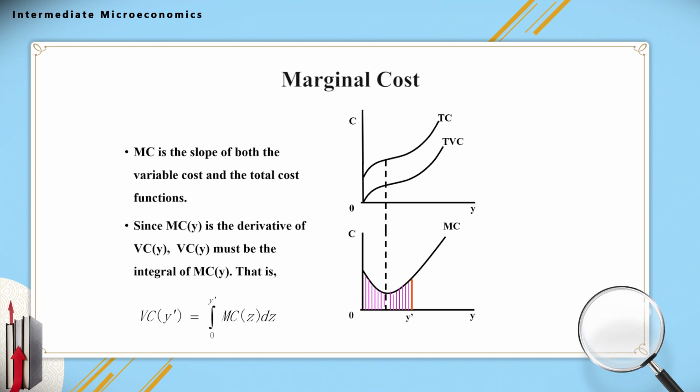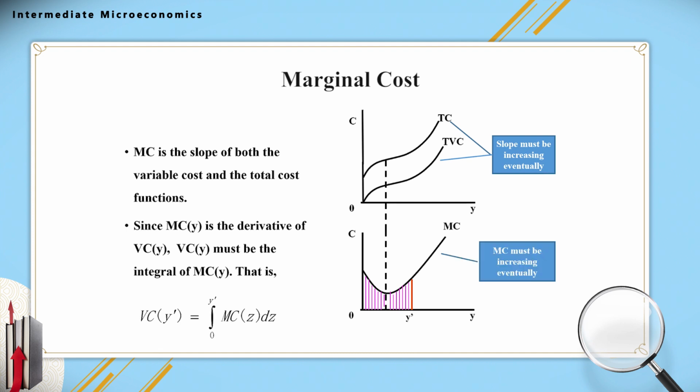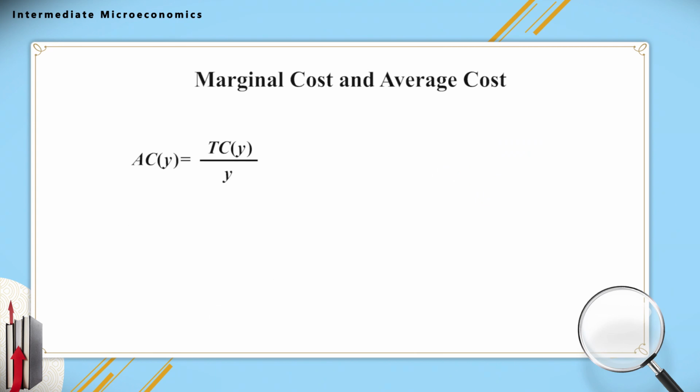According to production theory, the marginal product of factors must eventually be decreasing, so that the growth rate of the total cost curve and variable cost curve must eventually become faster. That is, the slope of the two curves becomes steeper, so that the marginal cost must eventually show an increasing trend.